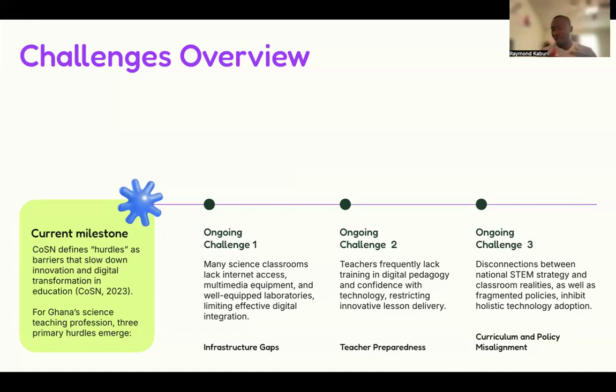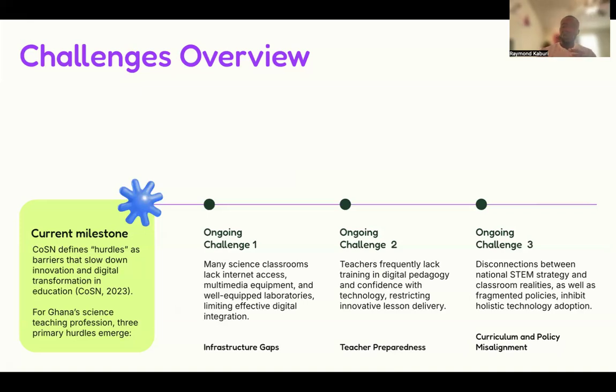And the third ongoing challenge is the curriculum and policy misalignment. Like I said earlier on, the curriculum that has been designed for the training of science teachers in Ghana still needs to be improved, because even though there have been initiatives or policies that want to integrate technology into Ghanaian classrooms, the curriculum that is laid down to train the teachers does not have adequate provision for the training of these teachers with these skills.